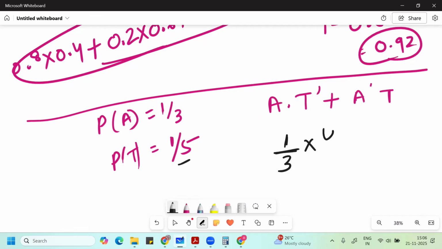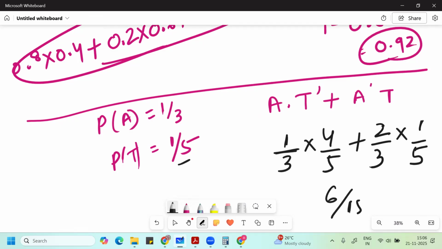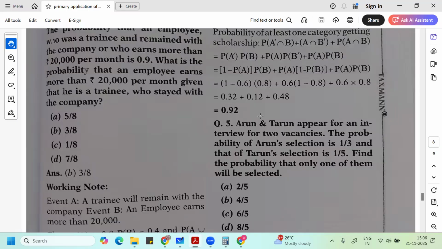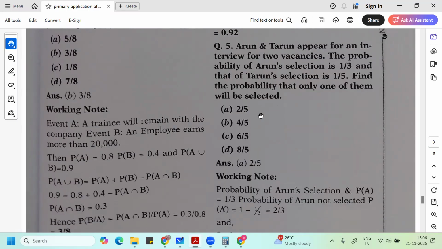So Tarun not getting selected would be 4 by 5, plus Arun not getting selected would be 2 by 3 into Tarun getting selected, 1 by 5. Don't disturb the denominator. Numerator is 4 plus 2, 6 by 15. 6 by 15 is nothing but 2 by 5, which is 0.4. So 2 by 5, option A is your answer.